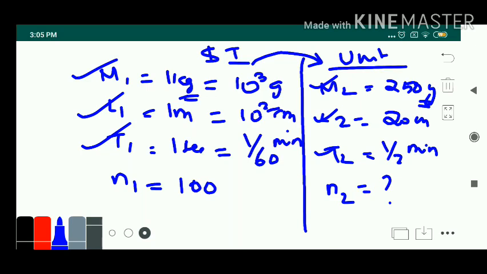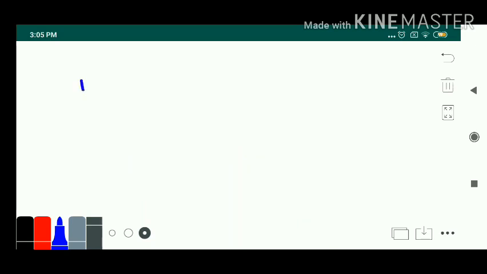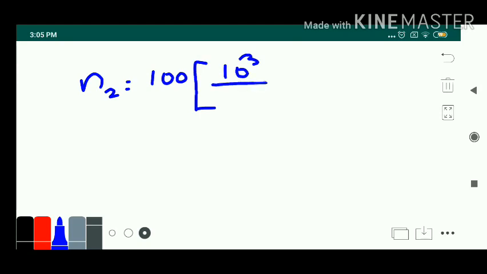Now you just have to substitute these values in the main equation, that is N2 is equal to N1. I will write it as 100. What is M1? 10 to power 3, divided by 250, that is your M2. So what was the dimensional formula of energy? M L squared T raised to minus 2.